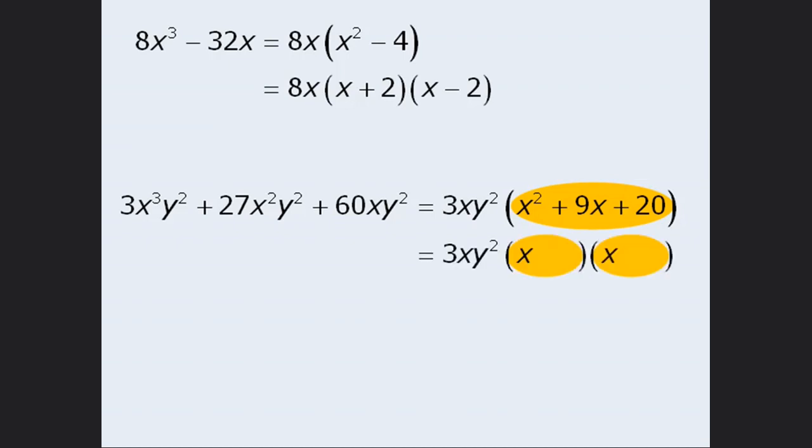So we know the 2 binomials here will both have an x term plus or minus some constant. Our 2 missing numbers here must add to be 9 and have a product of 20. So these 2 numbers must be positive 5 and positive 4. Now, can we further factor either expression in these parentheses? The answer is no, so we have completely factored the expression.